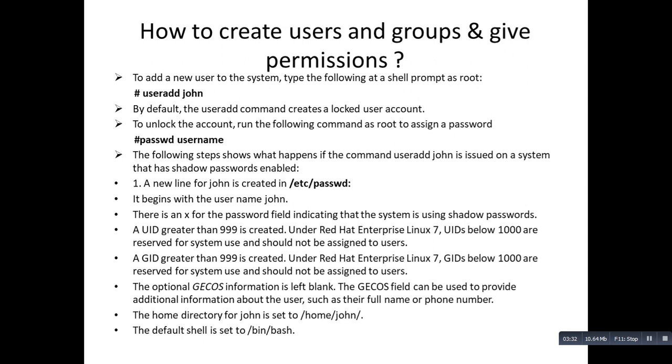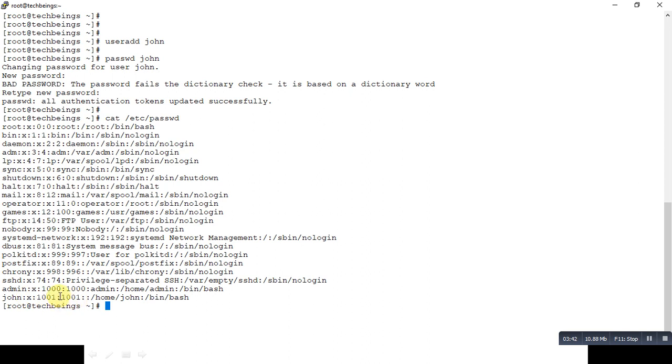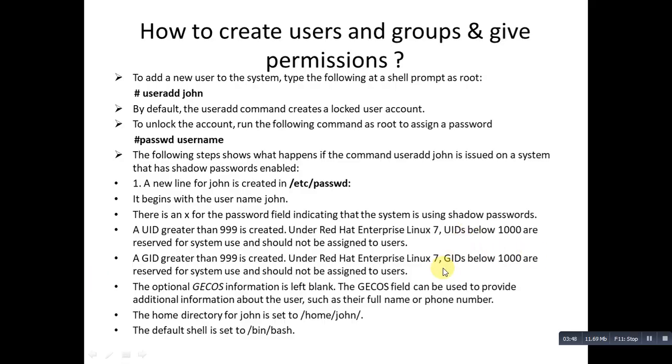A group ID greater than 999 is created under Red Hat 7. Okay, so this field is the group ID and that is also greater than 999. Again the same reason, GIDs below 1000 are reserved for system use. So all the group IDs below 1000 will be used by the system and will not be assigned to the newly created users.